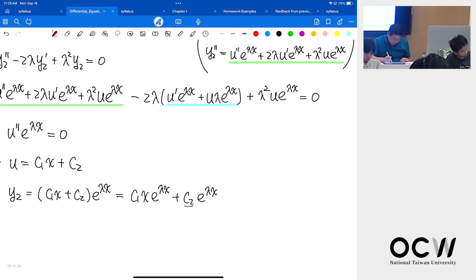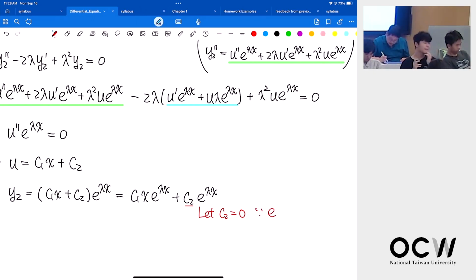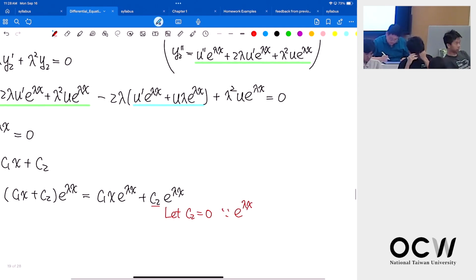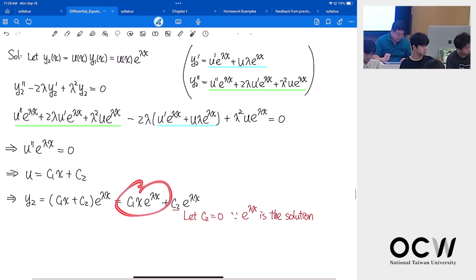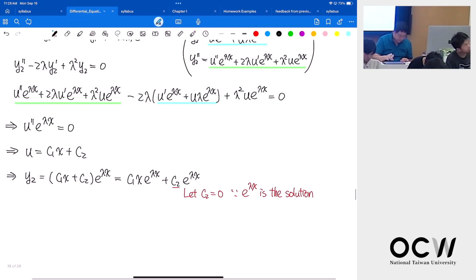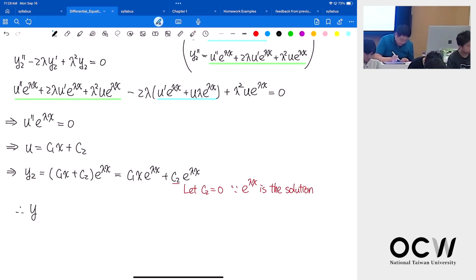So with that, c2 equals 0 because e to the lambda x is a solution. Then that's redundant. Okay, I only need this part. So the solution y is c1 y1 plus c2 y2.